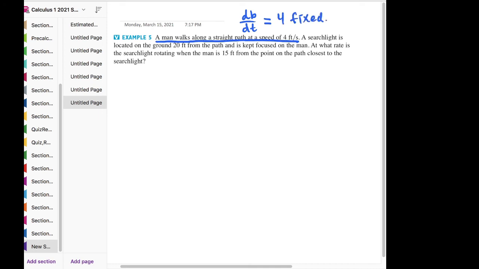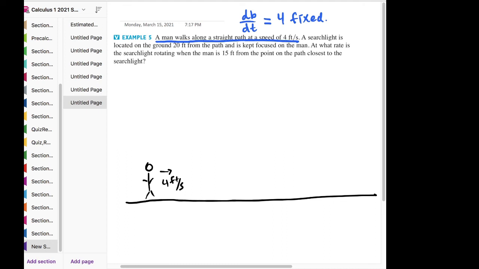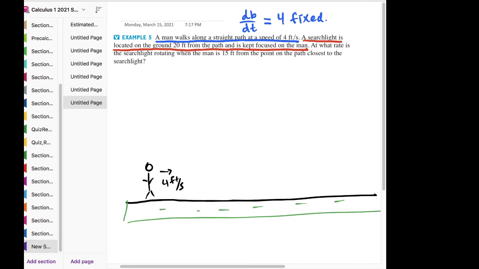Okay, so let's draw this. So we have a straight path and a person walking at 4 feet per second. Okay, so now let's use the next sentence. A searchlight is located on the ground 20 feet from the path and is kept focused. Okay, so if this is the path, what it means 20 feet from the path is that here's 20 feet, and here is a searchlight.